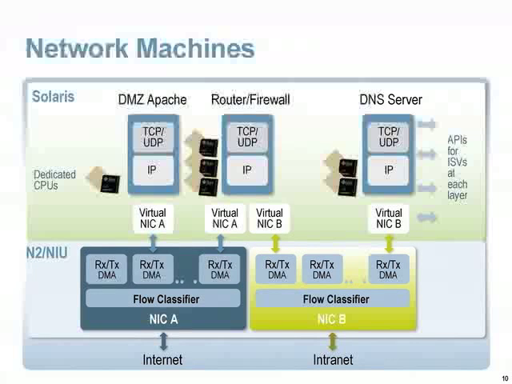And for other guest OSes, like in this picture, we can divide it into a couple, or just leave it as one, which is really logical, I believe. And it all goes to the hardware flow classifier to the NIC later.